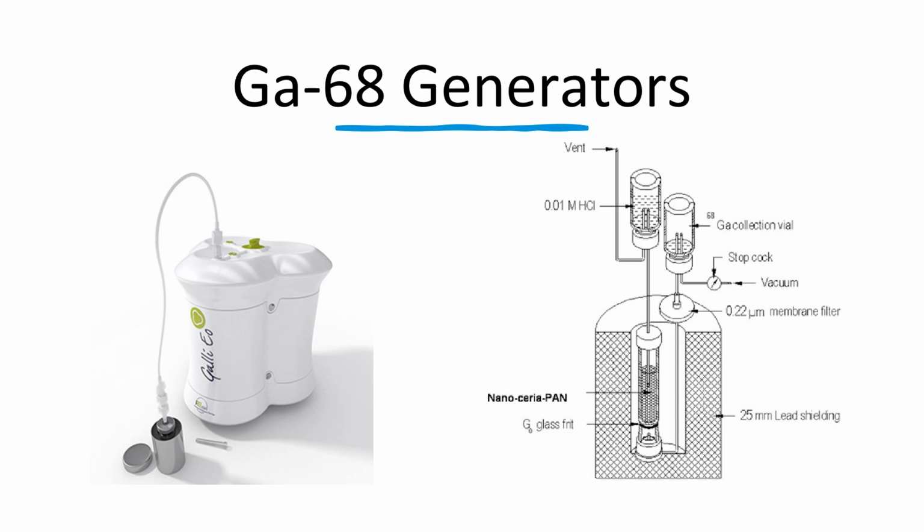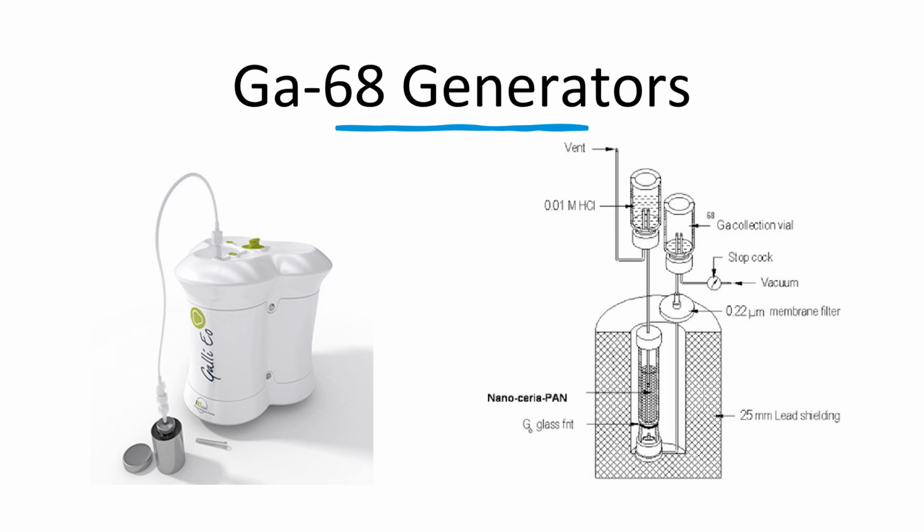Of course, it is vented for pressure, maintaining the pressure within it. This one is eluted though with hydrochloric acid. That hydrochloric acid is washed over the column with germanium-68, and the gallium-68 is washed through along with the hydrochloric acid while the germanium stays in the column. The whole thing is lead shielded.